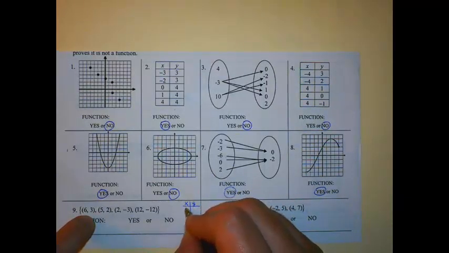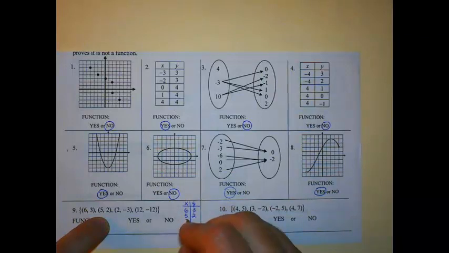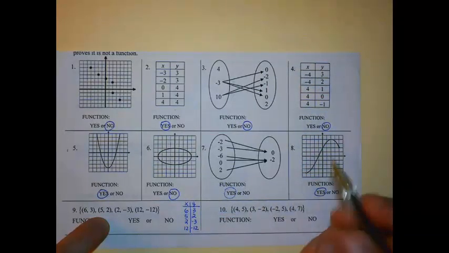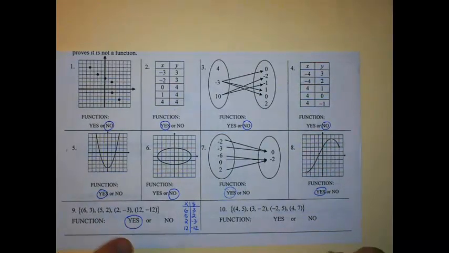The numbers here would be 6, 3, 5, 2, 2, negative 3, 12, negative 12. And the question is, is it a function? The x value does not repeat, so yes, it is a function.